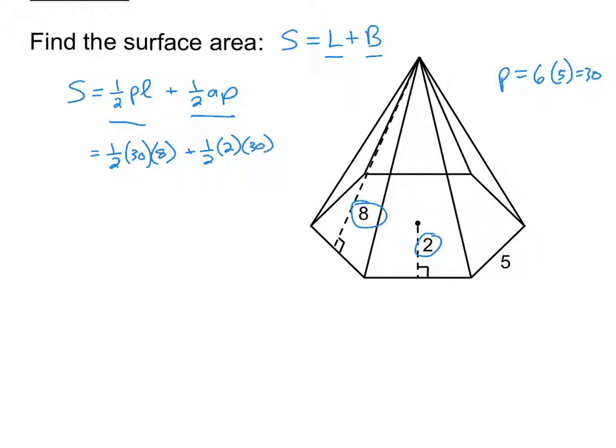So if I do a little bit of math here, if I take 1/2 times 8, that's 4, and 4 times 30 is 120. And then here, these 2's cancel, because that's like a 2/1, and I have a 30 there. So it looks like my total surface area is 150 square units.